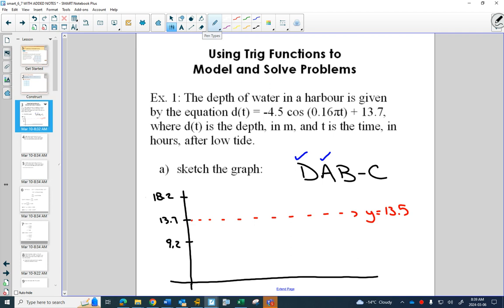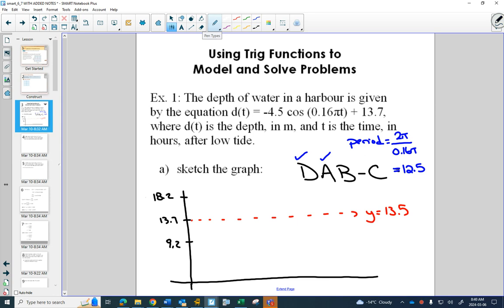Now your B value is 0.16 pi, so that means your period is going to be 2 pi divided by 0.16 pi. And you type that into your calculator, and you get 12.5.